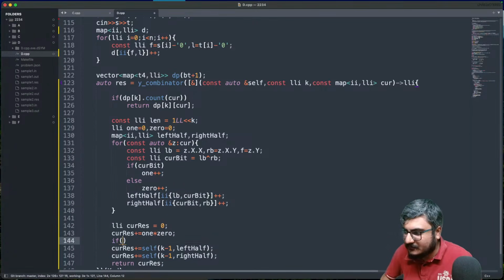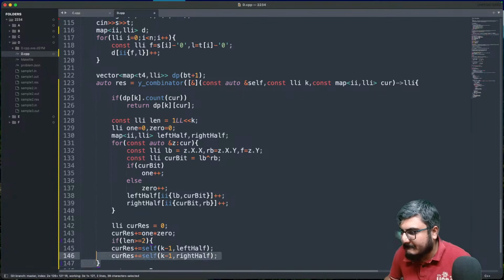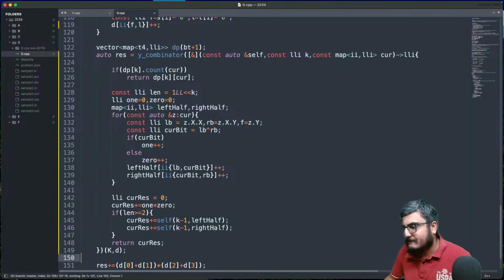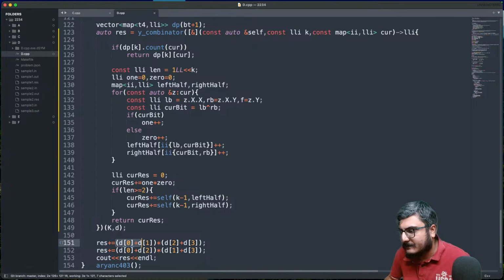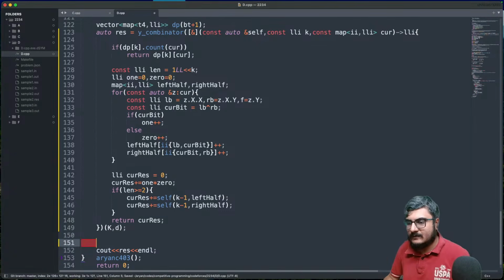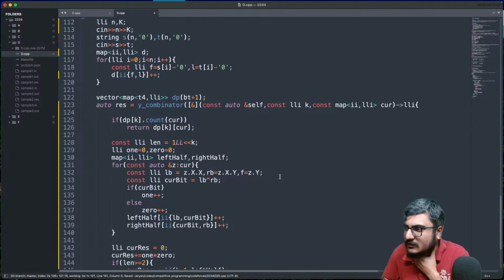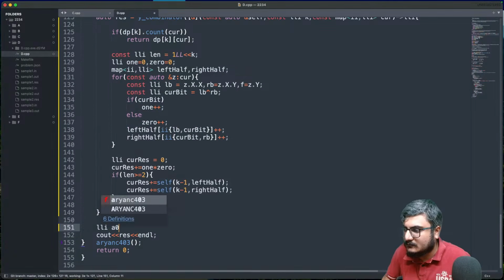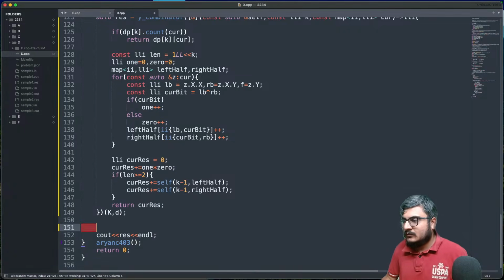And run this recursively only if needed. Now we need to also count for zeros and ones.